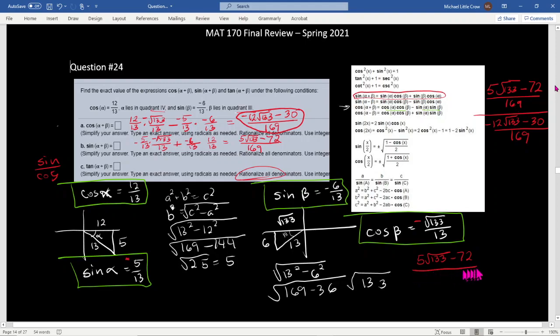I'll just take that extra step. We're going to multiply by the bottom flipped. So 169 over negative 12 square root 133 minus 30. The 169s cancel, and so there's our fraction.